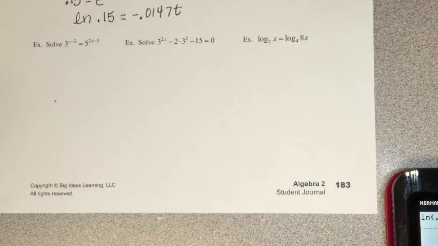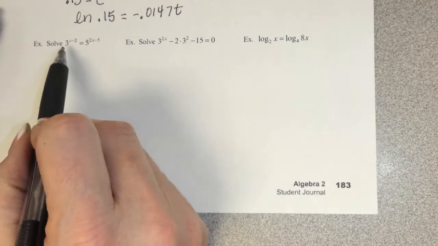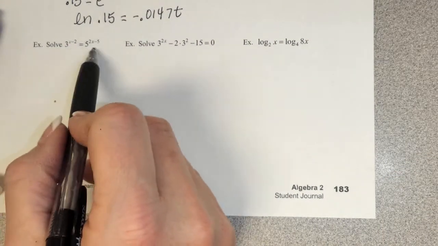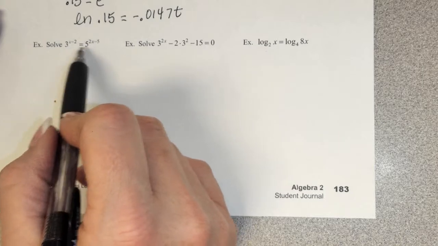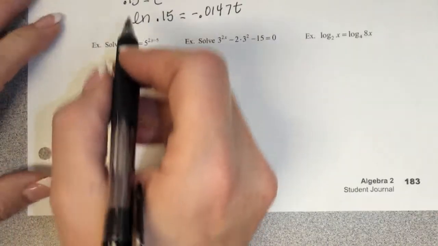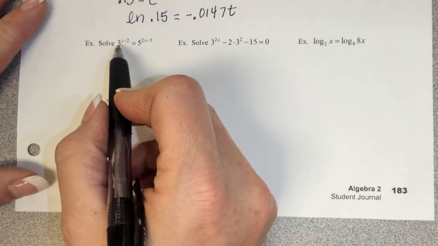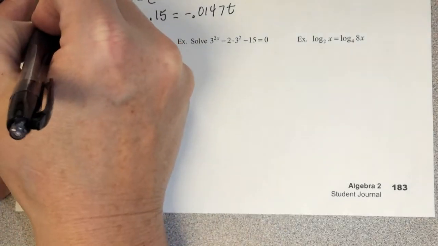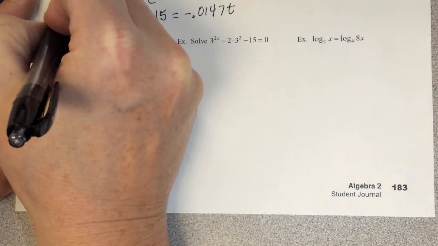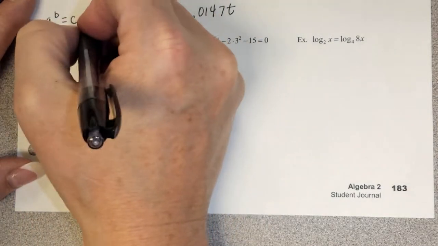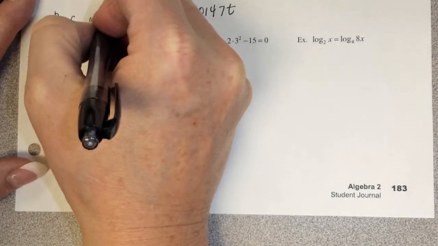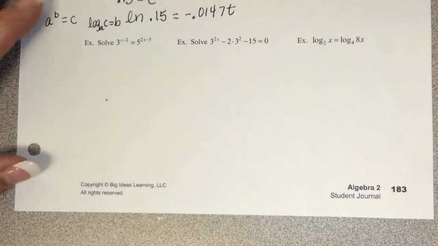All right, let's finish these up. Okay, solving a problem like this. This looks pretty complicated, but here's the way we can do it. We're just going to think of this as being a to the b equals c. So remember how if we have a to the b equals c, we can rewrite that as log base a of c equals b.